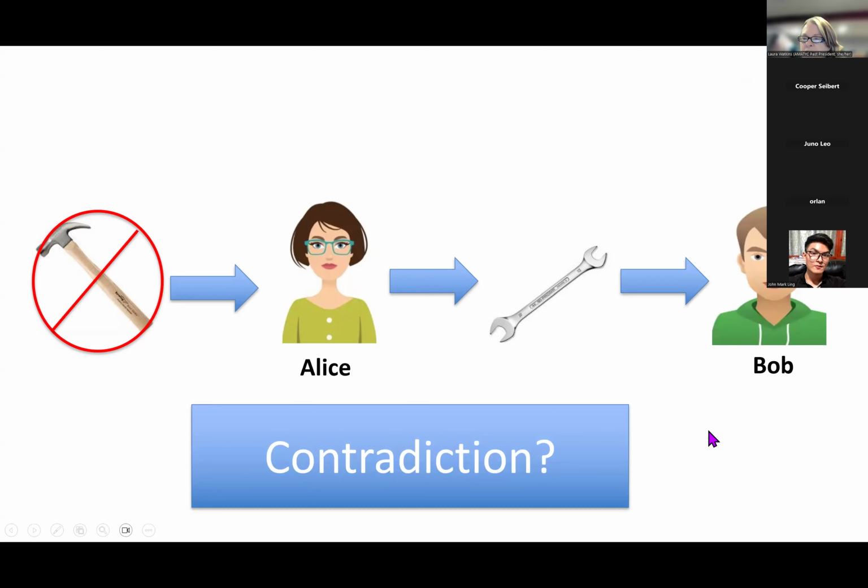What's our contradiction? A contradiction is in statement number 7. Statement 7 says there is exactly one person that did it.